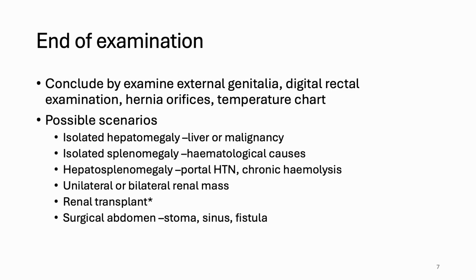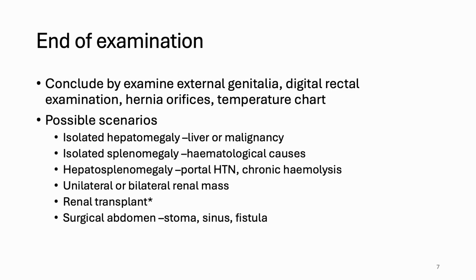There are possible scenarios in the abdominal examinations that could come up in the exam. There would be isolated hepatomegaly, and the etiology could be liver or malignancy; isolated splenomegaly, usually of hematological causes; and hepatosplenomegaly if the patients have portal hypertension or chronic hemolysis, such as thalassemia or chronic malaria.